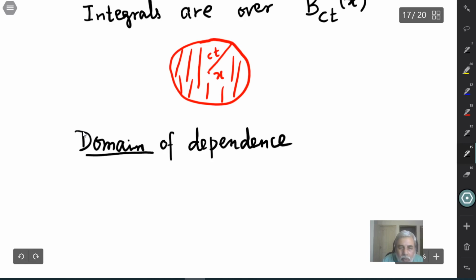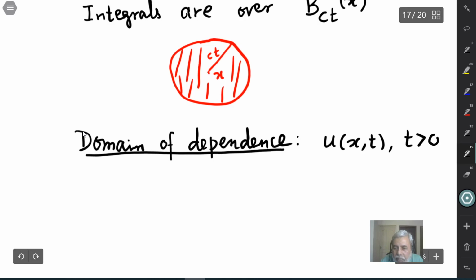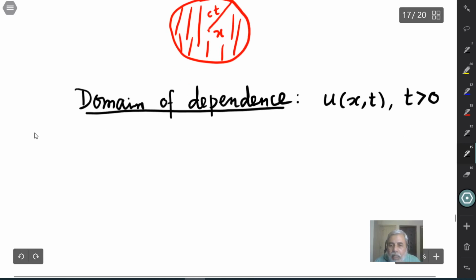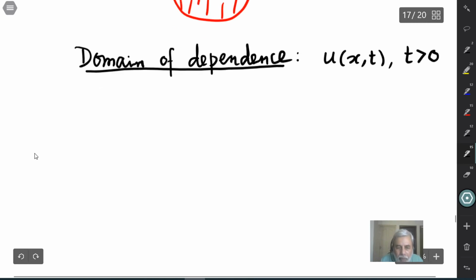We are interested to know how the value of the solution u at a point (x,t) for t positive depends on the data on the initial line t equal to 0, the initial space t equal to 0.